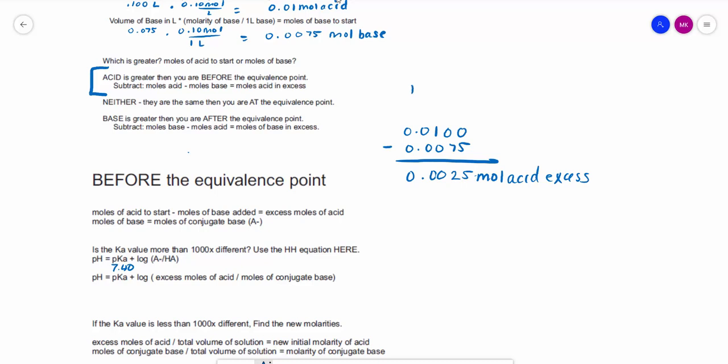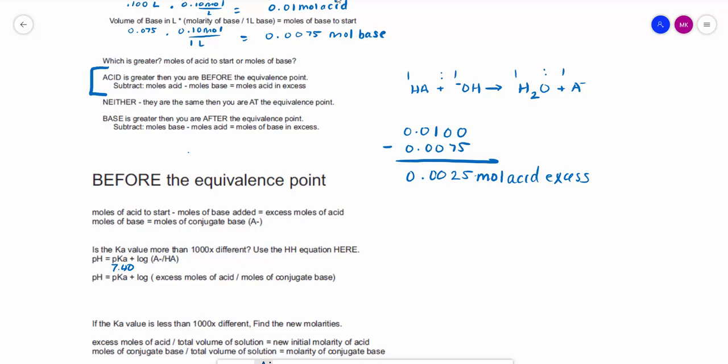Now, remember, when we have our weak acid and we're reacting it with a strong base, we have a one-way arrow and we are making water and conjugate base. This is a 1 to 1.